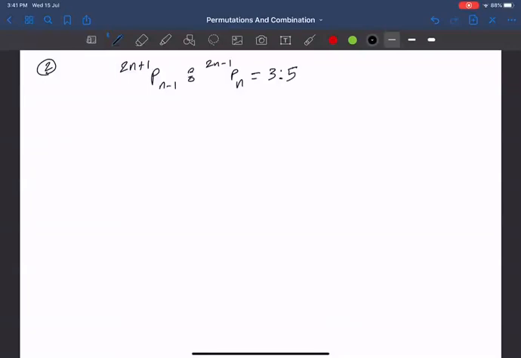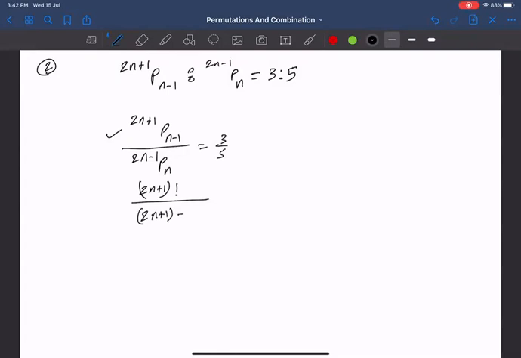So very clearly, this is nothing but 2n plus 1 P n minus 1 upon 2n minus 1 P n is equal to 3/5. What is this? This is 2n plus 1 factorial upon 2n plus 1 minus n minus 1 factorial.